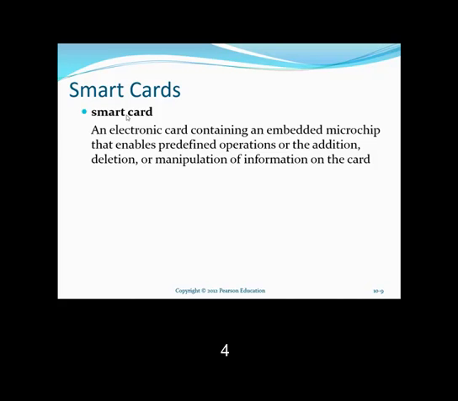These cards contain microprocessor chips and can be programmed to handle a wide variety of tasks. Other cards have memory chips to which data can be written and from which data can be read. Most memory cards are disposable, but others, smart cards, can hold a large amount of data and are rechargeable.